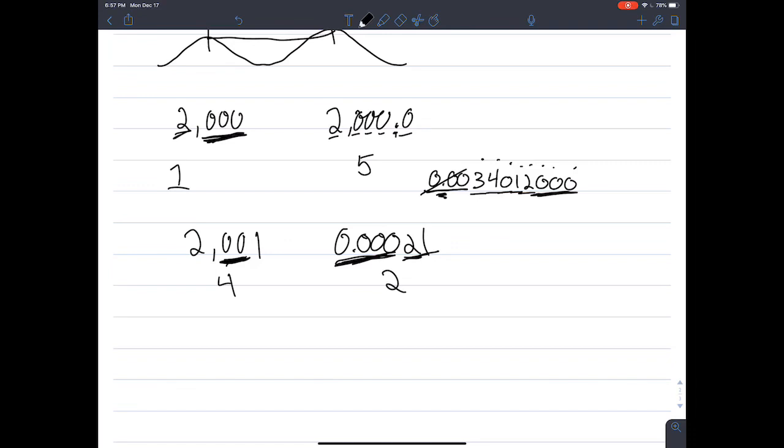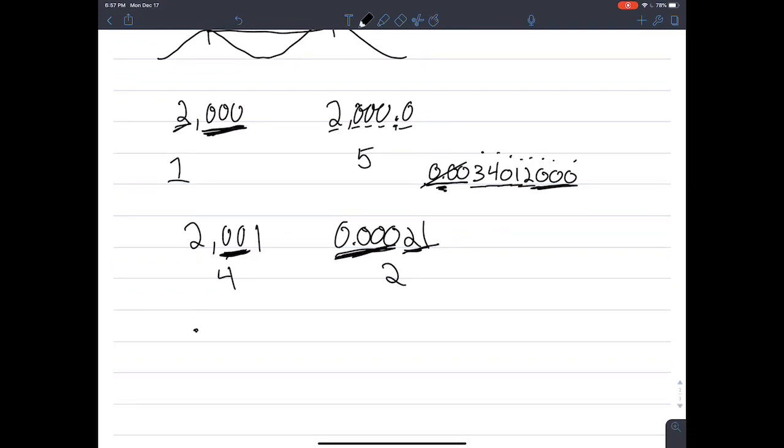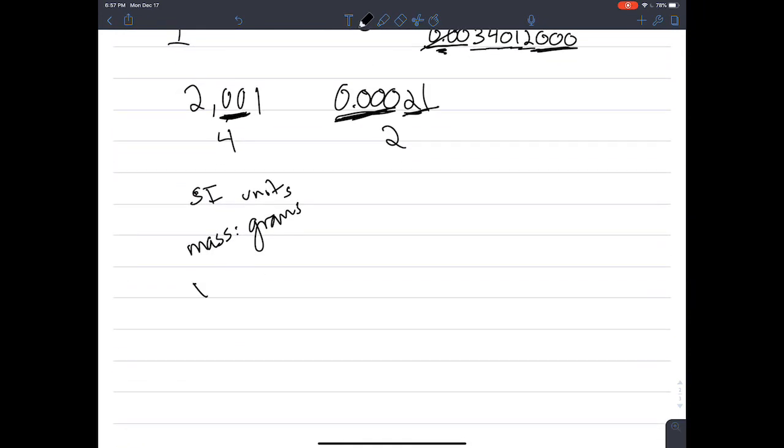SI units, the SI unit for mass would be grams. For volume, it would be liters. For length, it would be meters.